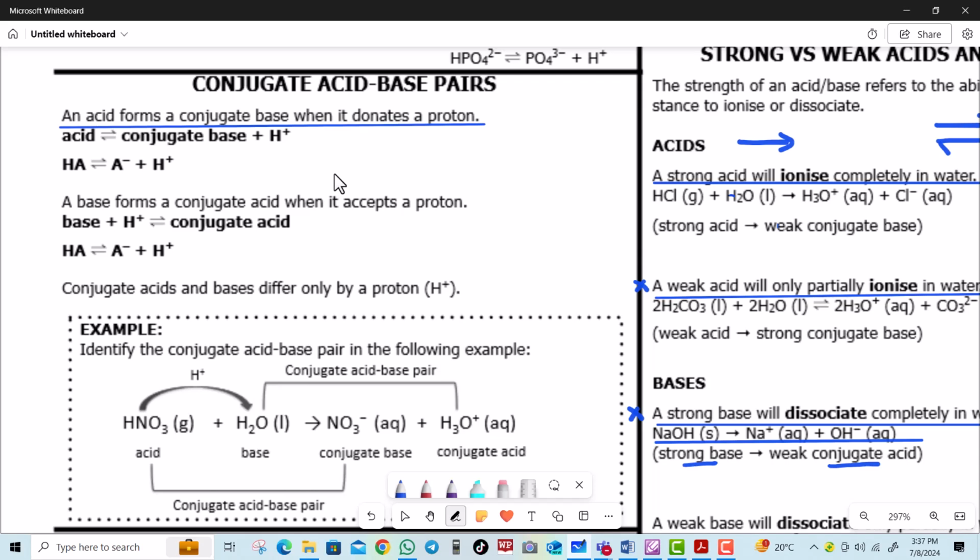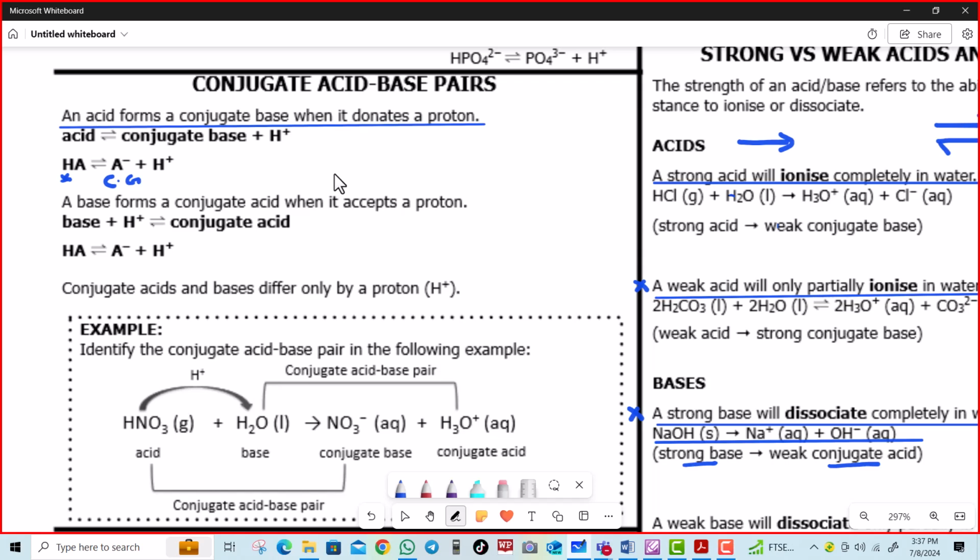You see, this is HA, it contains our H. But in our product, the H has been donated. Because there is no more H on the A, we call it a conjugate base. So a conjugate base is formed when an acid donates a proton.